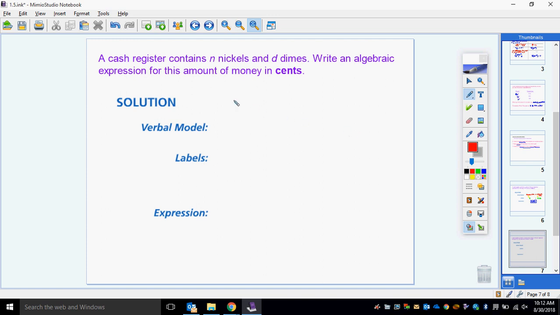Well, same type of deal. We want to take the number of nickels, if we know all the nickels, and take that value times the value of a nickel, how much a nickel is worth.